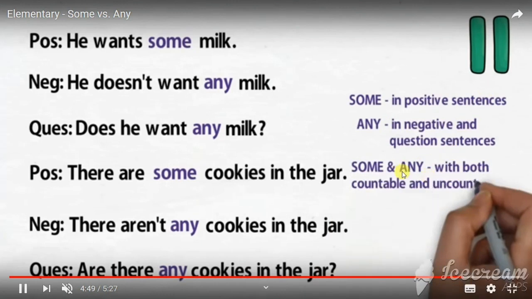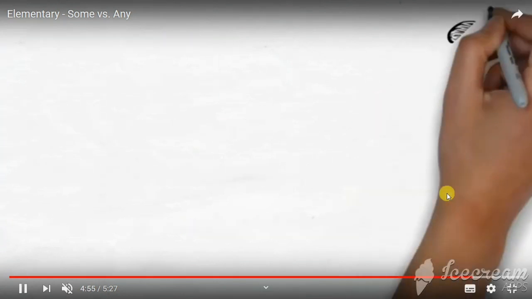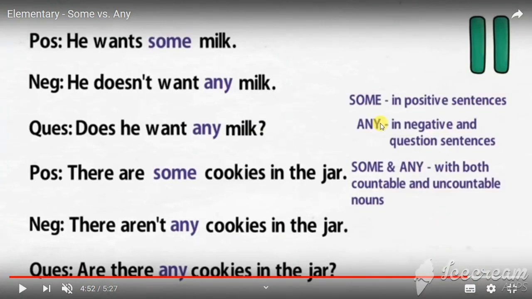Both some and any, we use them with countable and uncountable nouns. Okay? Again, some we use in positive sentences only, any in negative and question sentences only. Both some and any with countable and uncountable nouns. Okay?